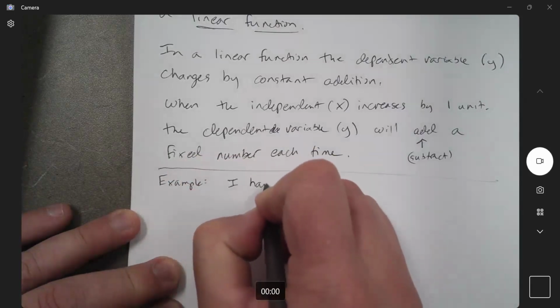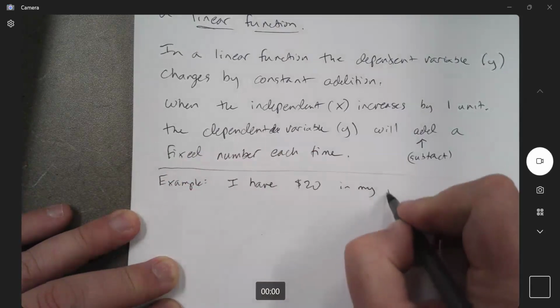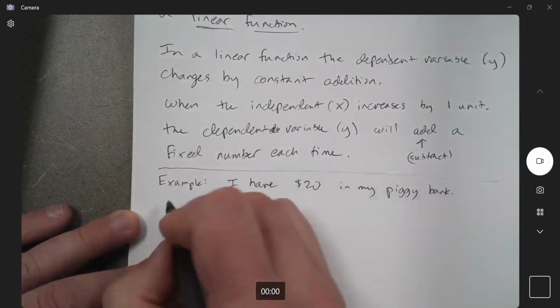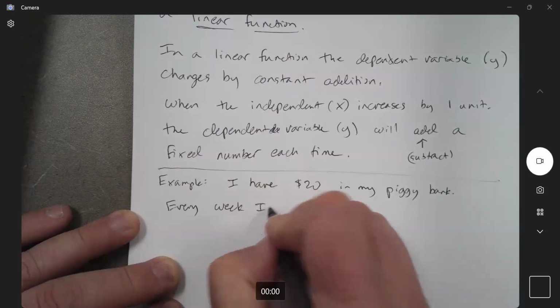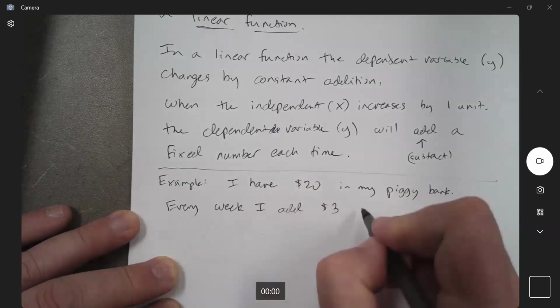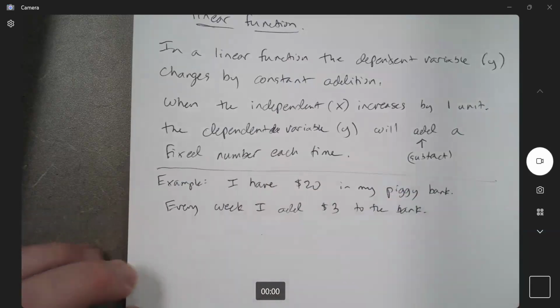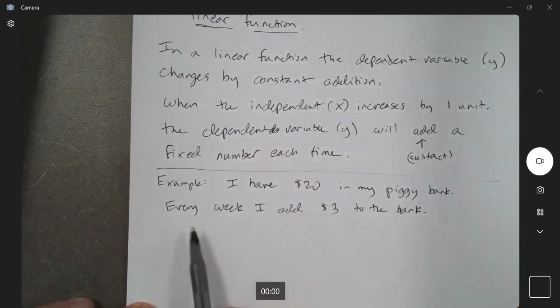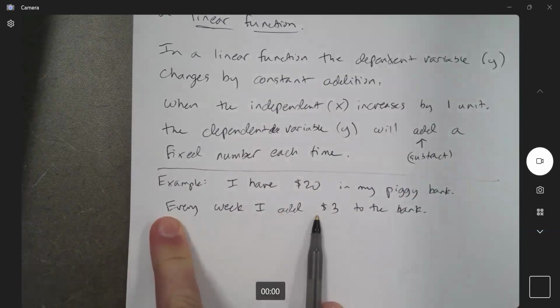Example, I have $20 in my piggy bank. Every week, I add $3 to the bank. That's a verbal representation of a linear function because every week I add a constant amount.